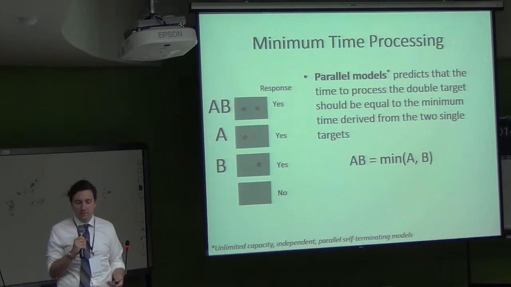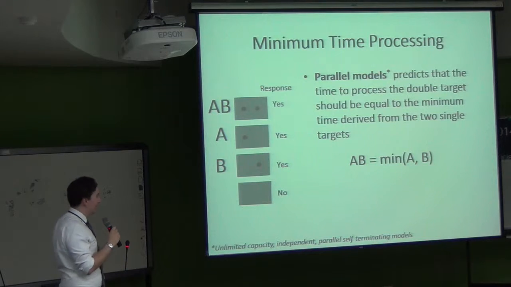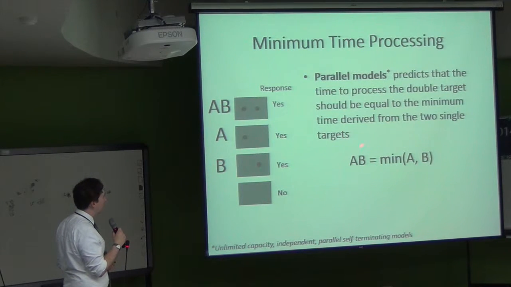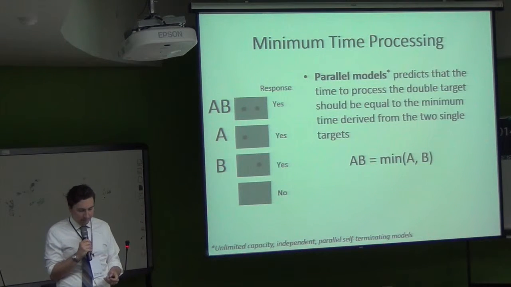And I can abuse mathematical notation here and just set up a simple relationship that the prediction from a parallel model is that the response time you expect from the double target should equal the minimum time that you derive from each of these 2 single targets on their own.